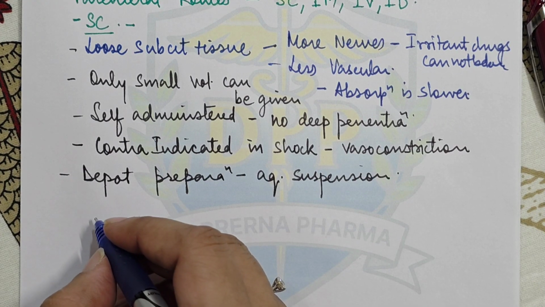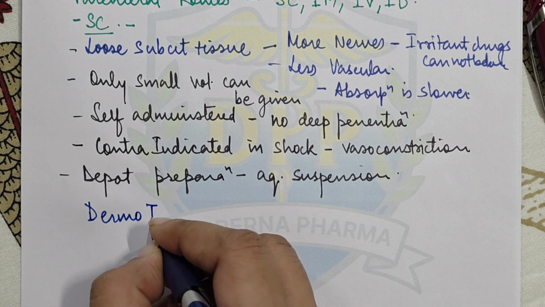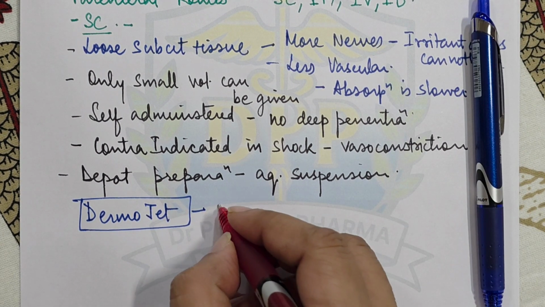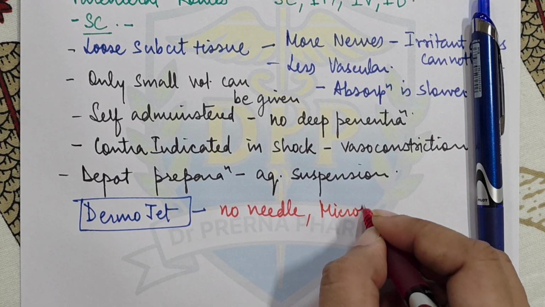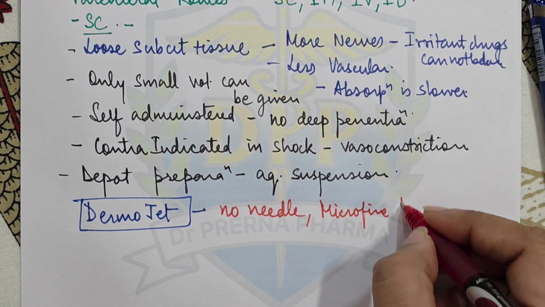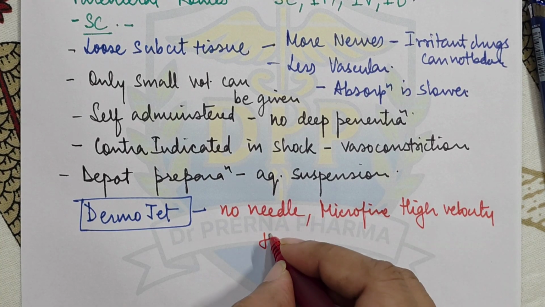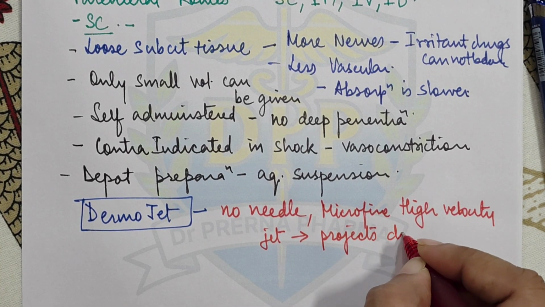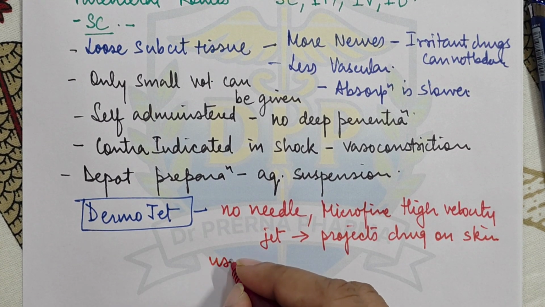A very useful newer device is called the Dermojet. Dermojets are basically needle-free. They have a very microfine, high velocity jet, which projects the drug solution onto the skin using a gun.